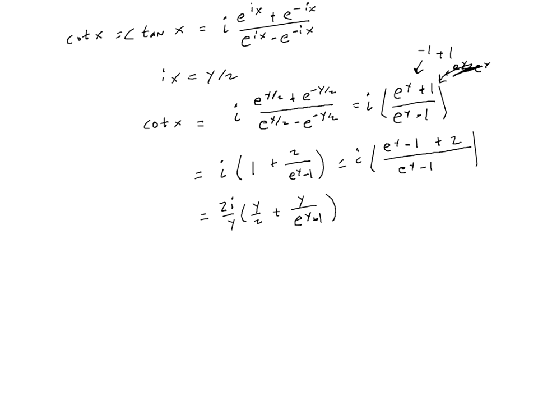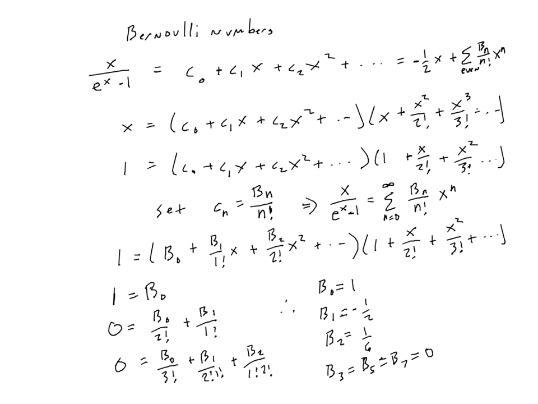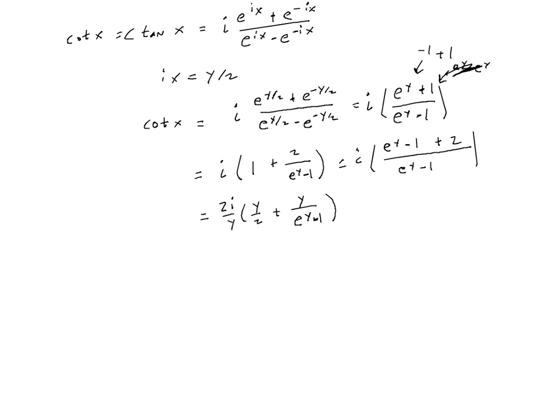And so by having this factor of y over 2, we're getting rid of this first term. And so now this is going to be 2i over y times the sum over all the even terms of bn y to the n over n factorial.